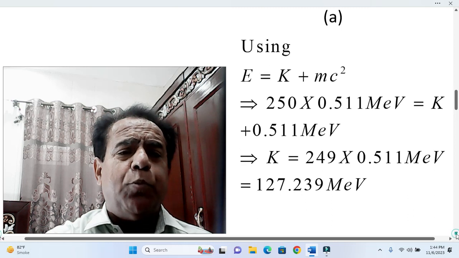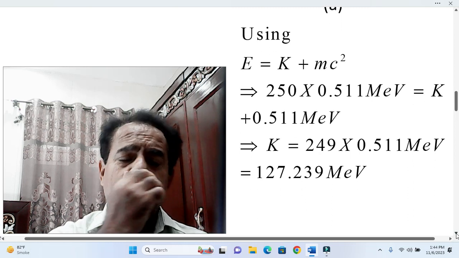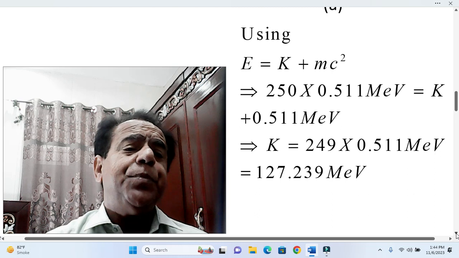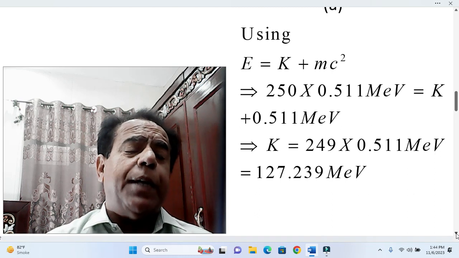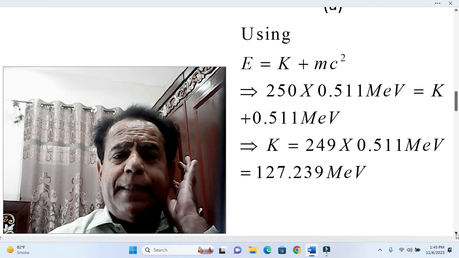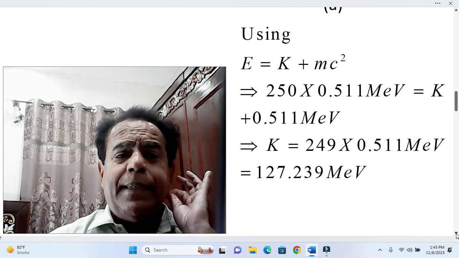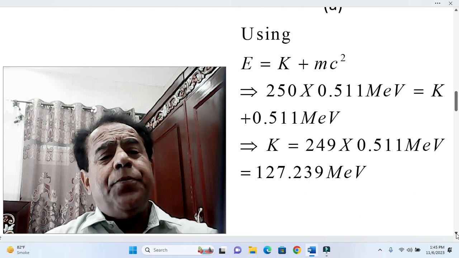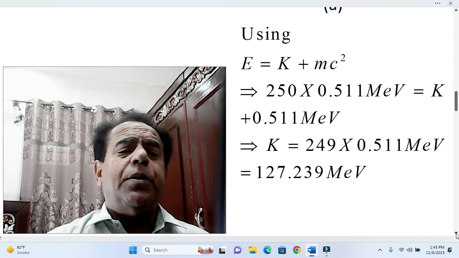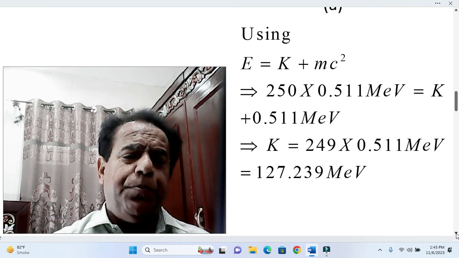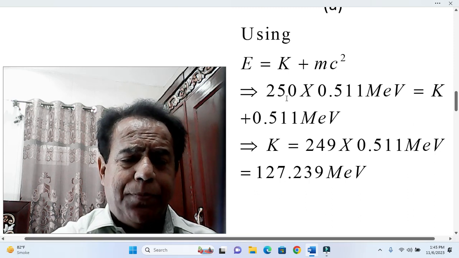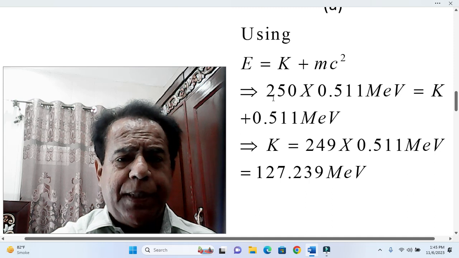Now we come towards part A. Using this expression that total energy is equal to kinetic energy plus rest energy, this implies that total energy is given as a 250 multiple of rest energy. So this is rest energy multiplied by 250.